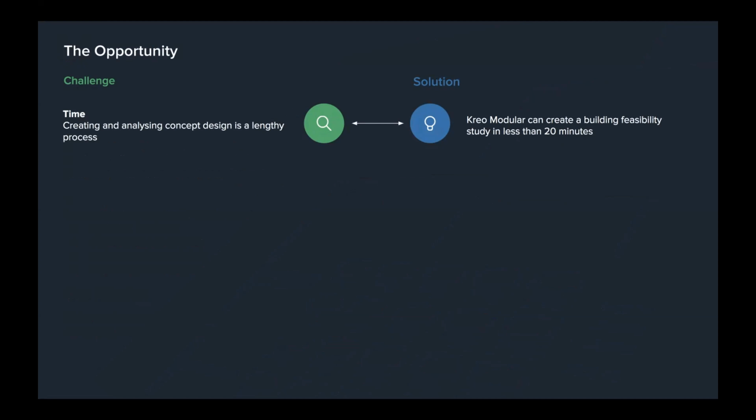They have to take on architects to help them create a concept design. They have to bring in lots of different consultants, other stakeholders to analyze these. And it's just highly iterative, long feedback loop, which we're trying to address. So using automation, we're helping you create building feasibility studies in less than 20 minutes.